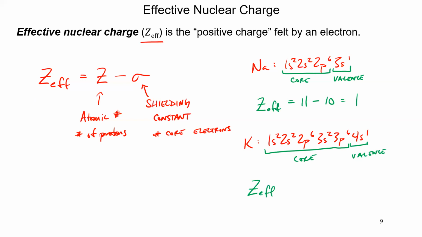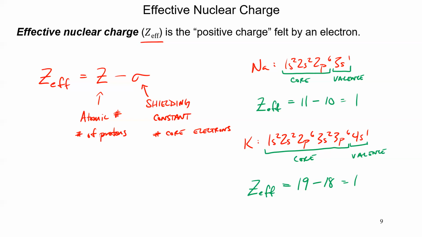What's the value of Z for potassium? Count those electrons. 19. And how many of those electrons are core electrons? 18. Yep. So Z effective for potassium is also equal to 1. And so this is another one of those periodic trends for that first group, those alkali metals. Their Z effective is all equal to 1. For the second group, their Z effective is all equal to 2.